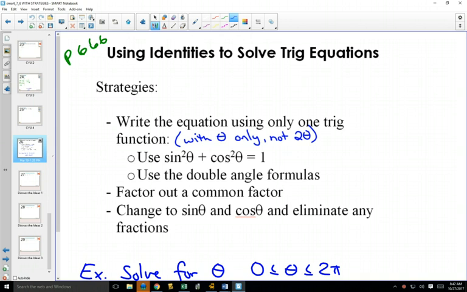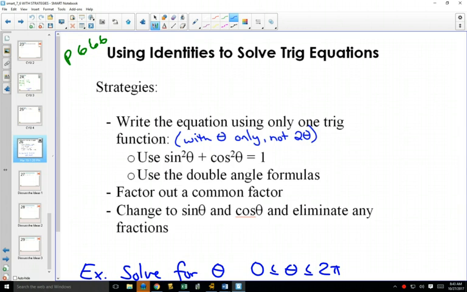So here are the things that you've used. You've used sine squared plus cos squared equals 1 already. We're also going to use our double angle formulas in that situation. Sometimes you can't write it with only one trig function. You might need to factor out a common factor. And sometimes factoring out that common factor separates your trig functions, so you get 2 mini equations that each have only one trig function.